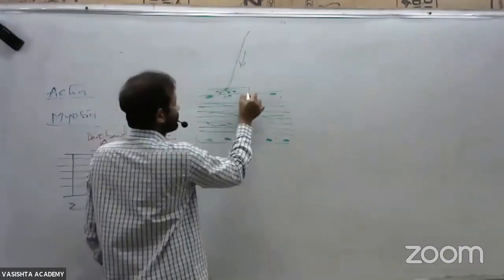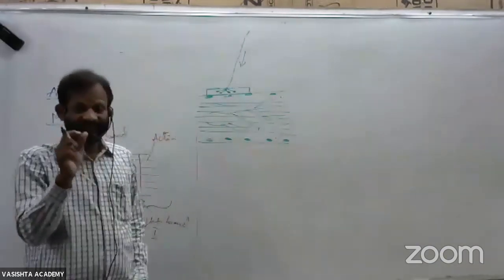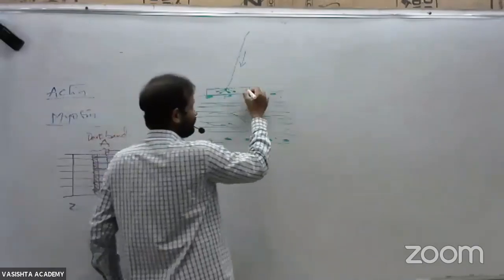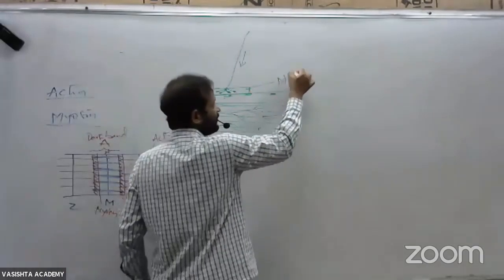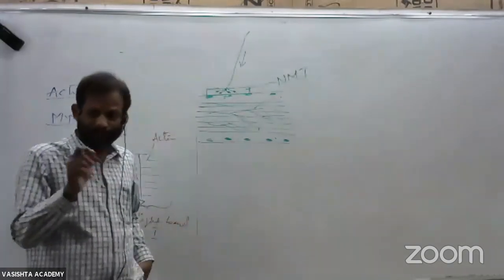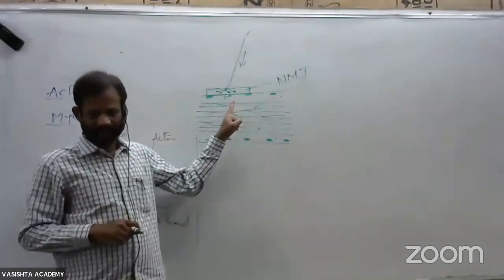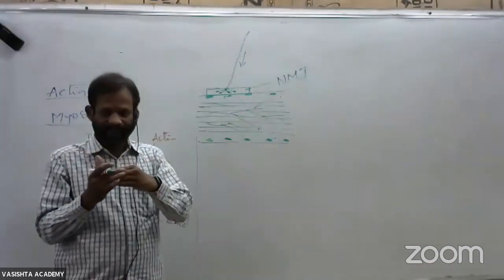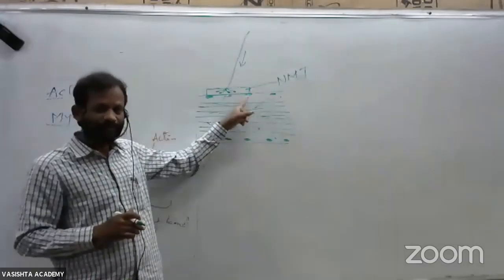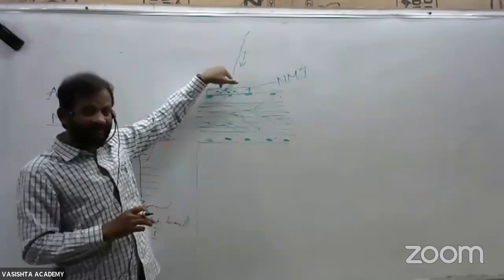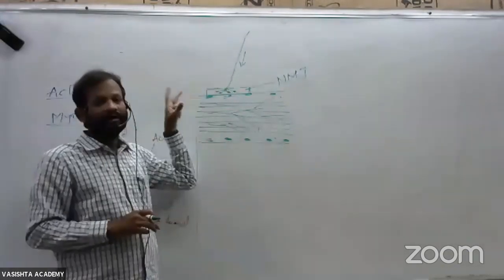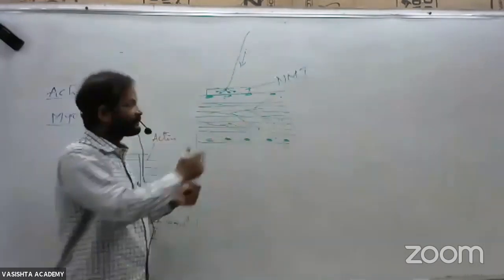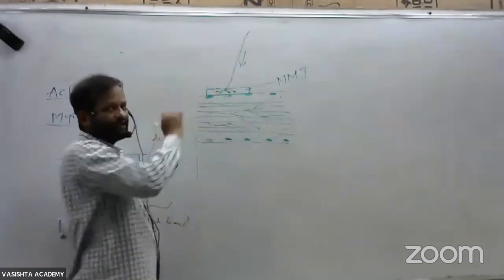Here, in this area, there is a junction between the nerve and muscle. That's why we call the junction NMJ, neuromuscular junction. That is the place where the neuron or the nerve meets the muscle. What type of message is coming? That message is towards the contraction of this muscle. That message reaches these synaptic knobs.